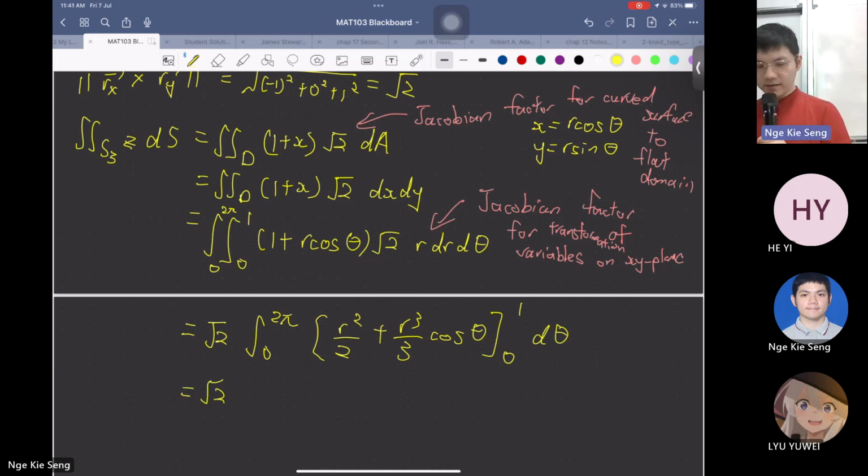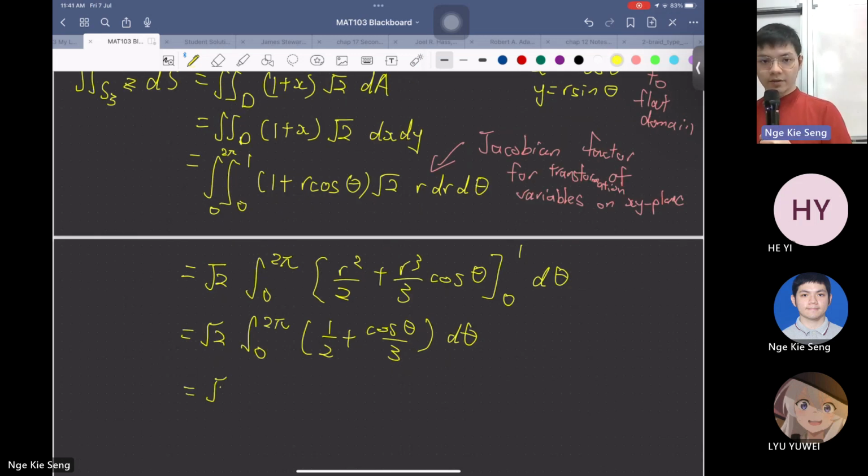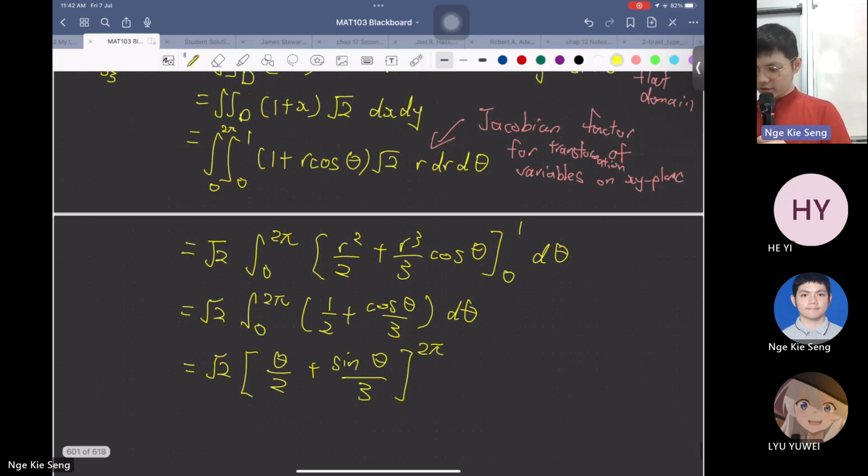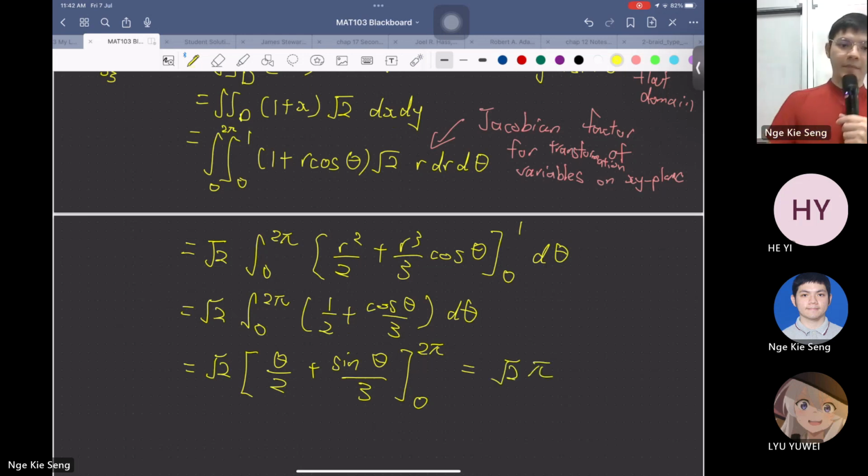This gives us one half plus cos theta over 3. There's no weird integral here, so we can just do it. Integrating cos theta we get sin theta, and integrating a constant we get theta. Altogether, we get square root 2 pi.